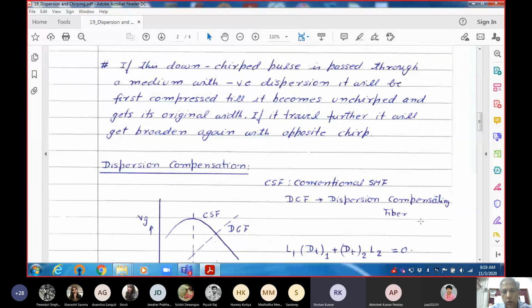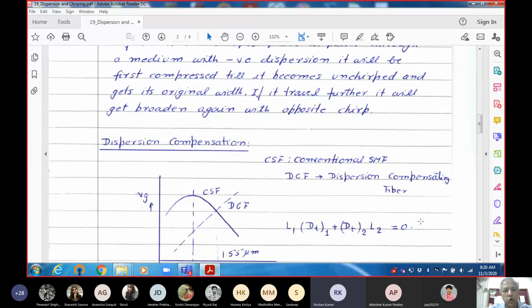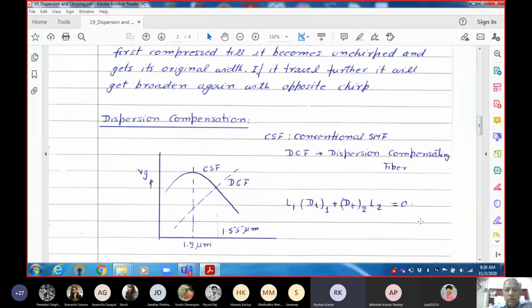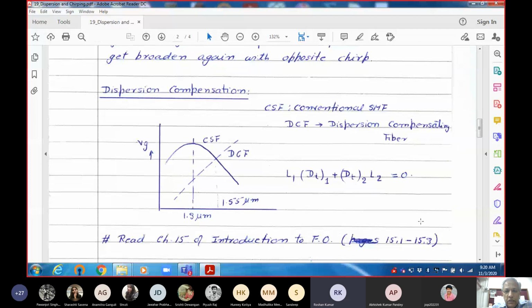Yes, so the frequency is actually not changing. I had thought that I will put this dispersion compensation later on, because I have not discussed it in detail on this slide. So I thought that probably I will modify it, but then I thought it doesn't matter. I will share this.